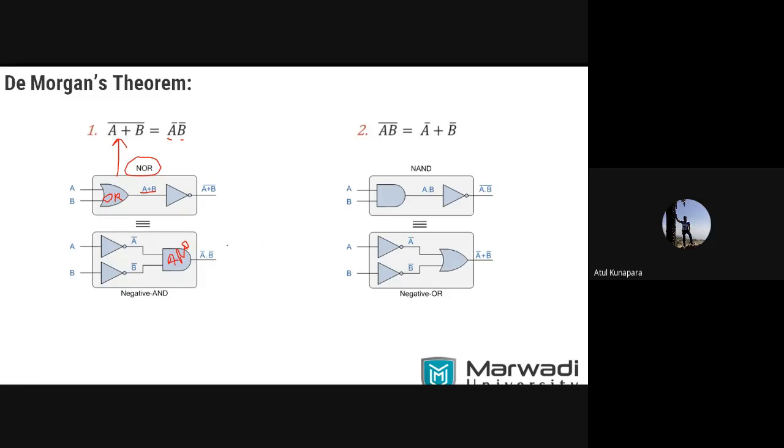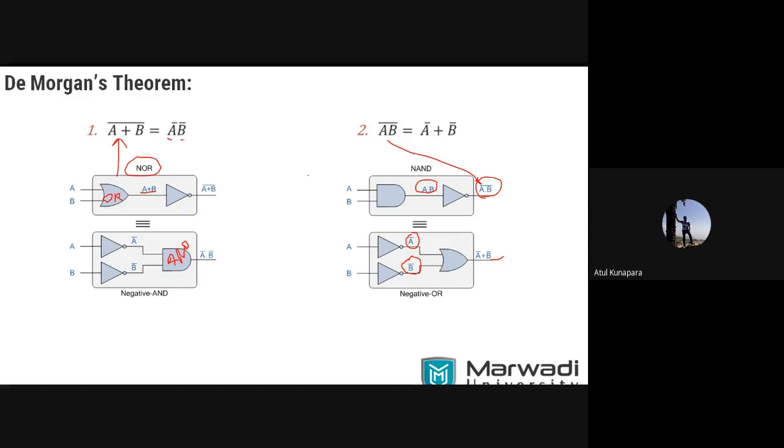So here in the first case you can see that inputs A and B are applied to an AND gate, so it will make an AND operation, and that is applied to a NOT gate, so it will be performing A dot B bar. That's what is on the left hand side. That will be the same if you perform OR operation of your A bar and B bar. To get the A bar, you have to put two NOT gates here. So this will give you A bar plus B bar.